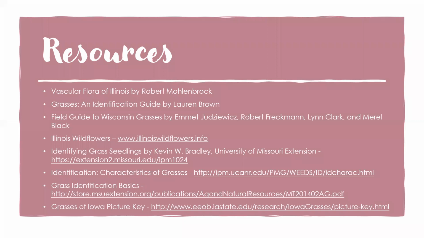Some of the names are a little bit outdated now, but you can look them up and see what the latest and greatest scientific name of those grasses are. But it's a really great guide that has sketches. And with grasses, sketches, rather than pictures, a lot of the times are really great when you're getting started because you can see the growth form and the structure of the grass really clearly.